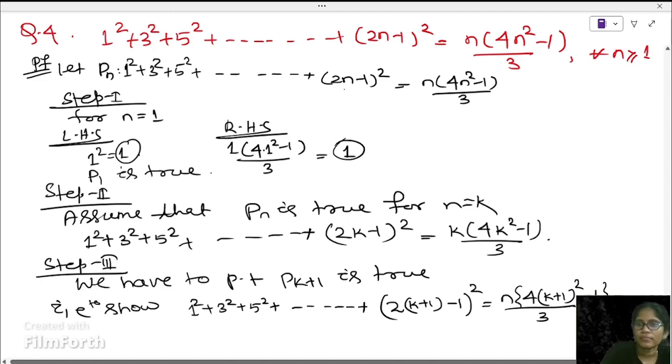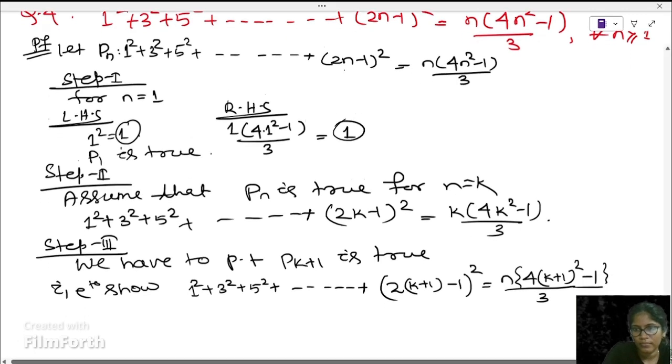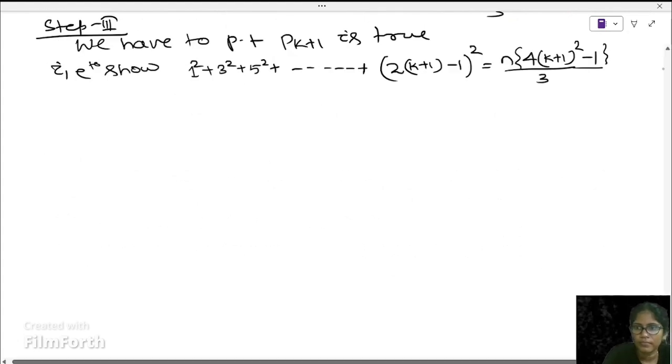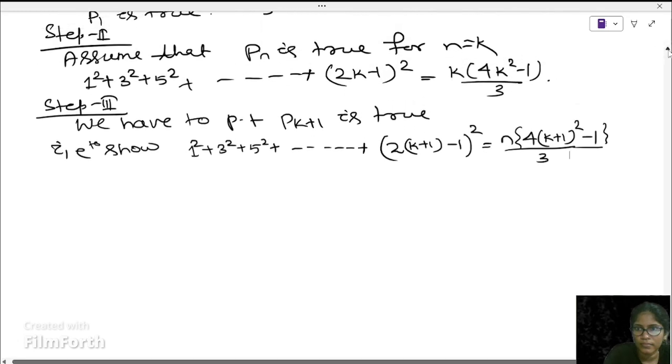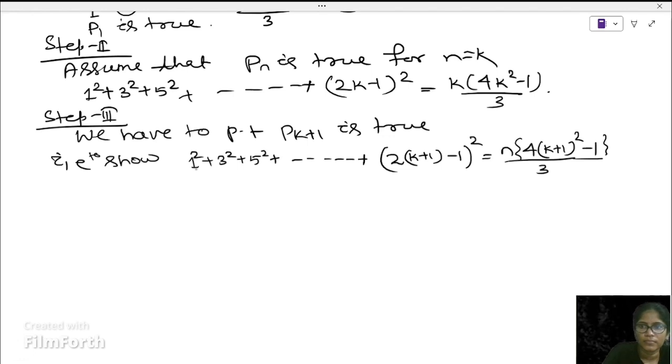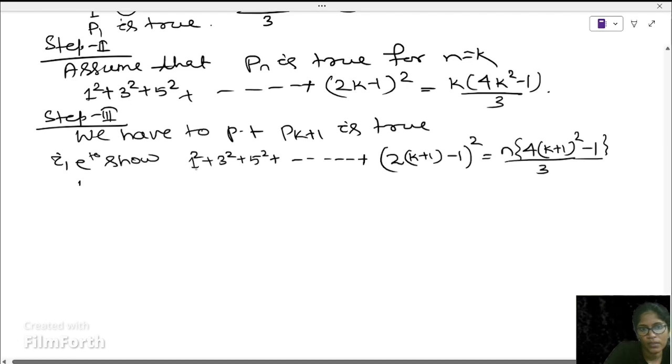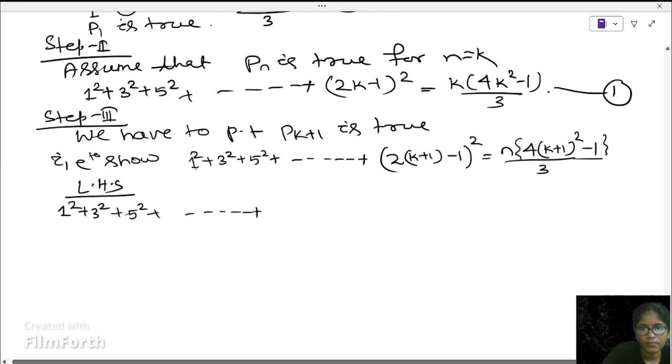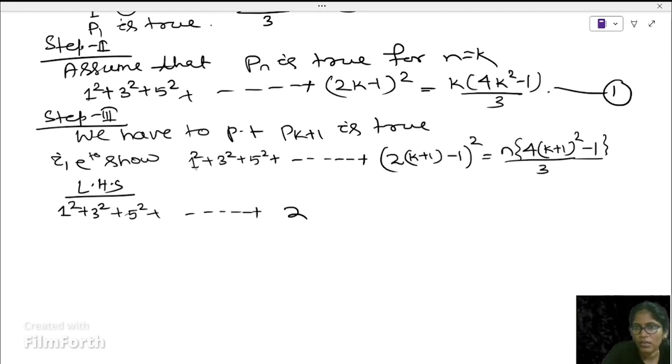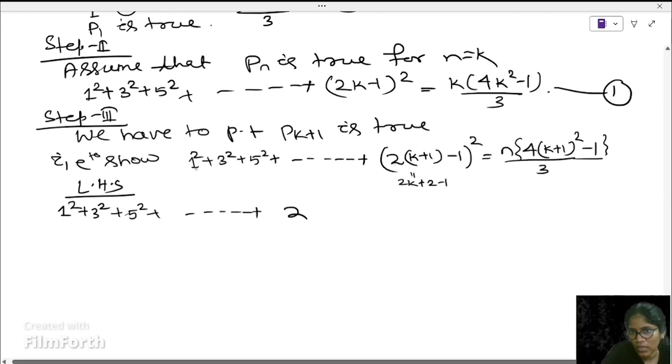Now 2 into k plus 1 minus 1 is 2k plus 2 minus 1, which equals 2k plus 1, its whole square.